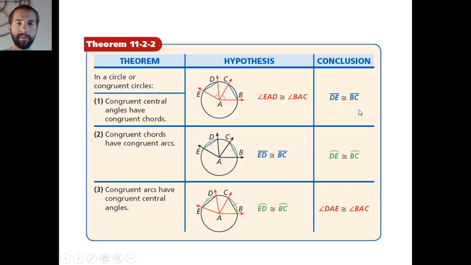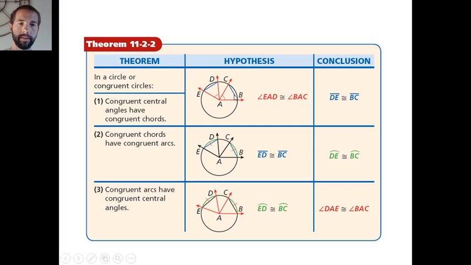So here's a couple of theorems that apply. So if we have two congruent central angles, then the two chords that are formed are congruent. So if angle EAD is congruent to angle CAB, then that means that chord ED is congruent to chord CB.